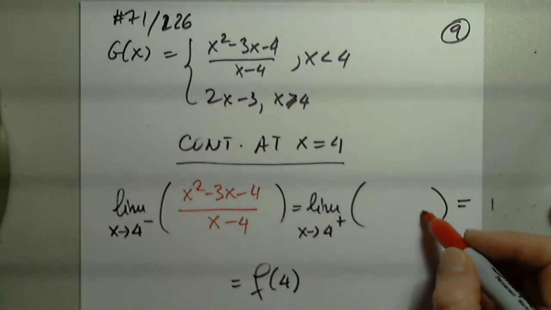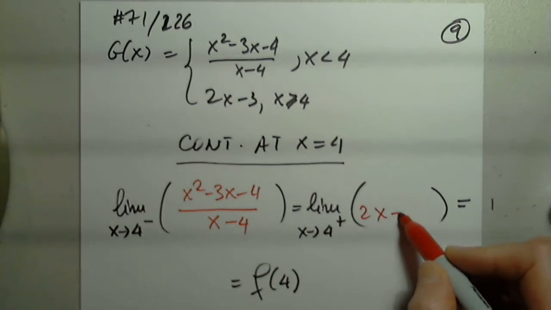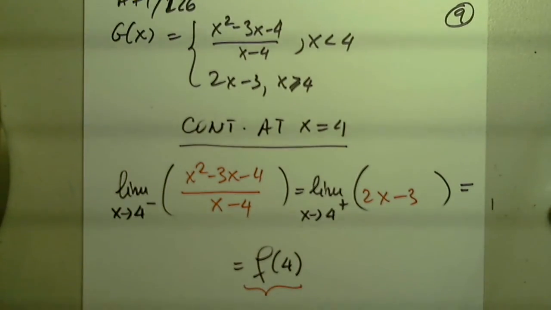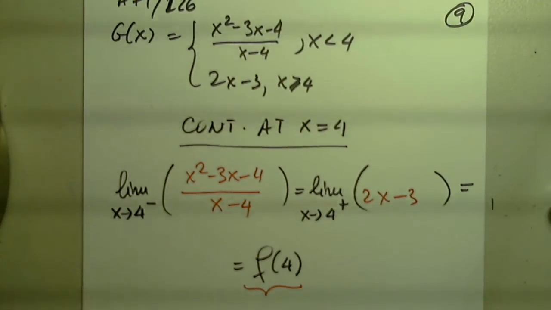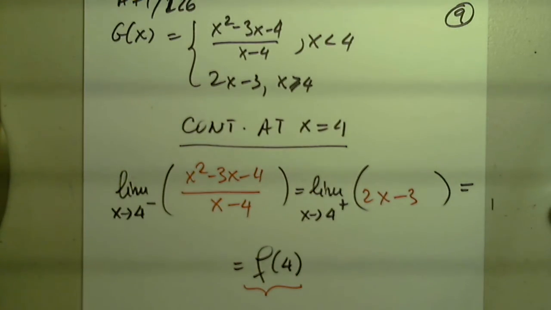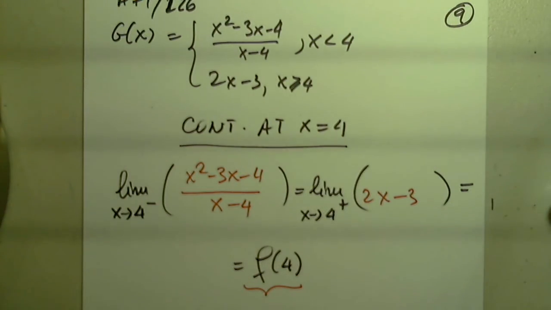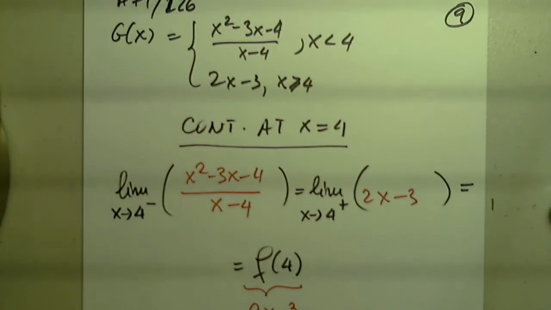And for the other one? 2x minus 3. And for this, where do I plug in 4? In which function? Yes, you're right, Ryan. Wouldn't it be the 2x minus 3? In 2x minus 3. Excellent.